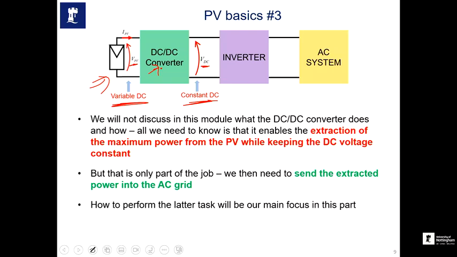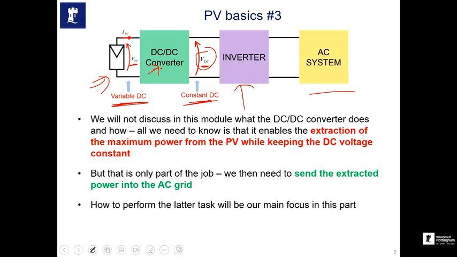So from the inverter perspective, we'll see a fixed DC voltage, because we'll consider there is already a DC-DC converter fixing my VDC. So the inverter analysis becomes simplified. You have a fixed DC voltage, then you have the inverter, which will connect it to the AC system, which is the grid. Okay.